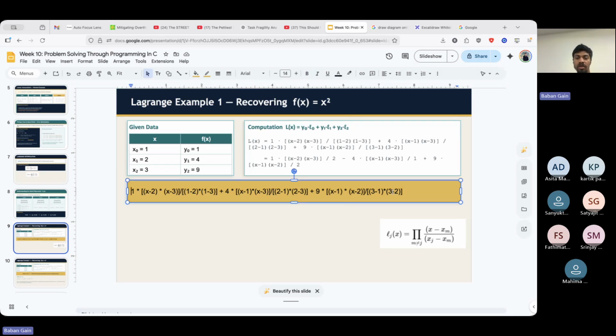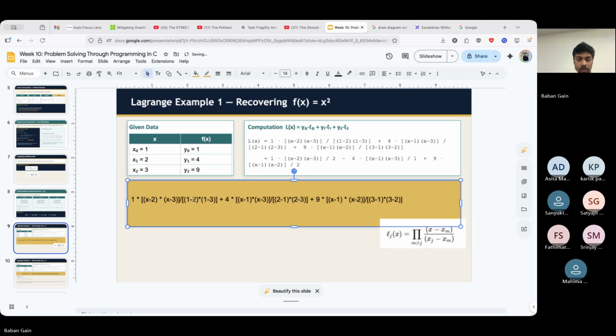So let me try to simplify this. Okay, so first thing is that, so what is this x square? Like if you try to multiply it here, what is this? X into x, which is x square.